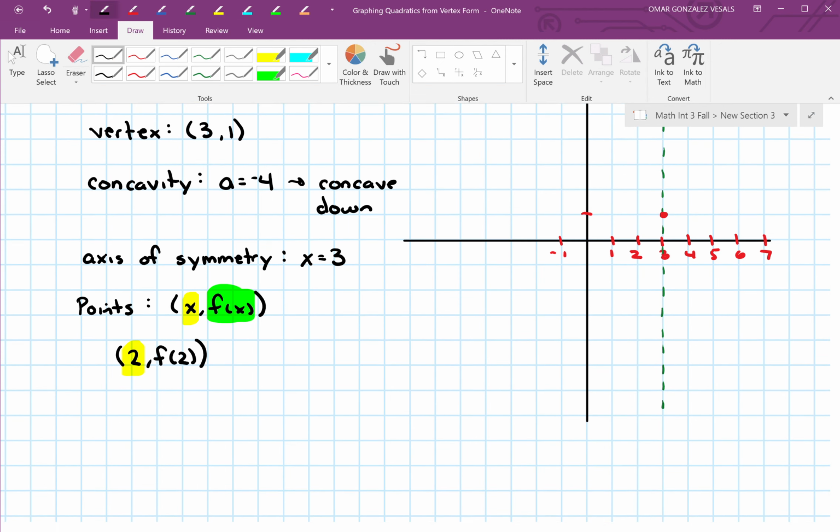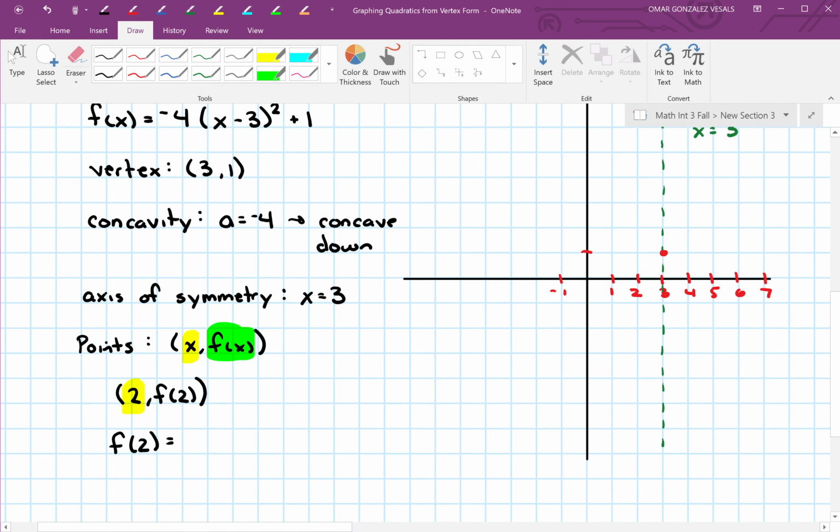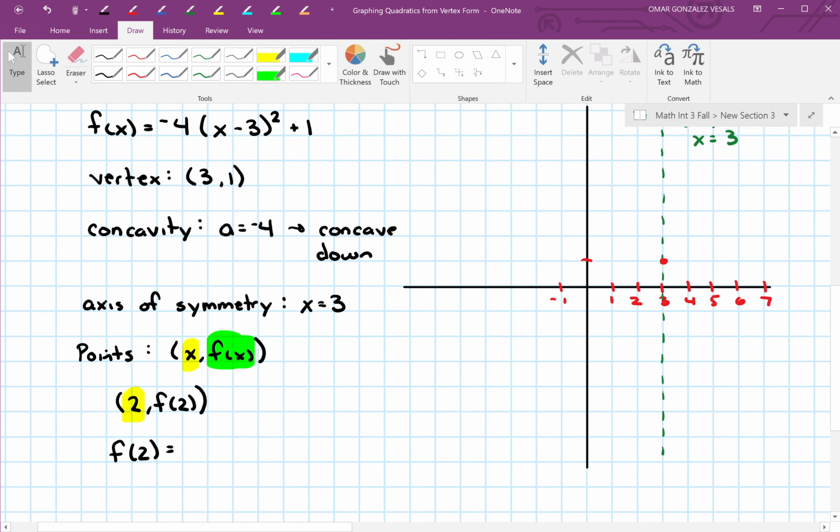So f of 2 is equal to -4, and what do we plug in for x, guys? It's 2, minus what, plus k, which is 1, right? And now you can solve this.